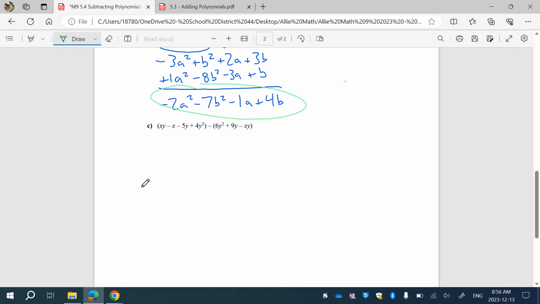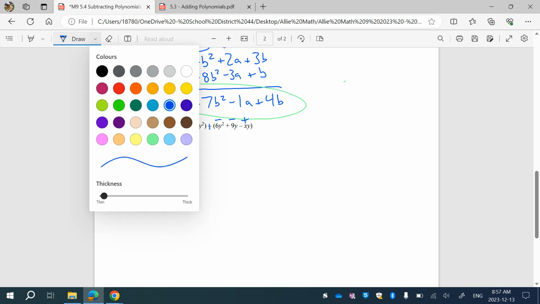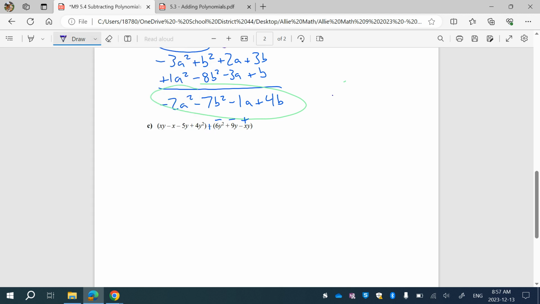And the last one. So again, we are just going to make this into an addition question and change all of the symbols inside here. So this is going to become negative 6y squared. This is going to become negative 9y, and this will become positive xy. And now let's look for some like terms. We have an xy, and we've got a negative xy, though it's going to become positive.